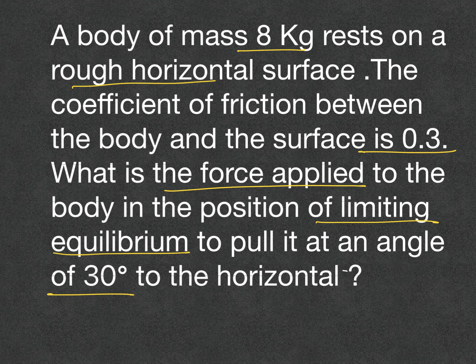Those two concepts are very important. When you know that, you can guide yourself into establishing the proper equation that you need. And if in the question no acceleration is given or mentioned, you are likely dealing with limiting equilibrium. You can assume that the body is in limiting equilibrium.